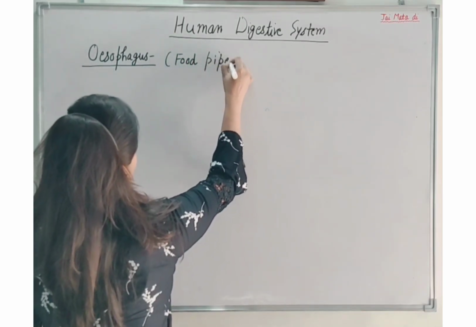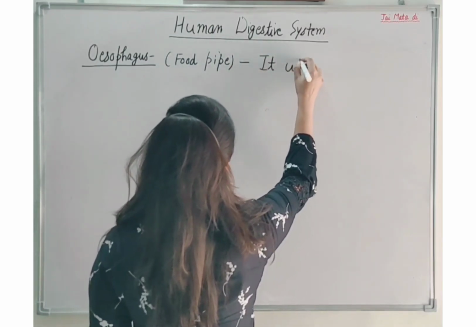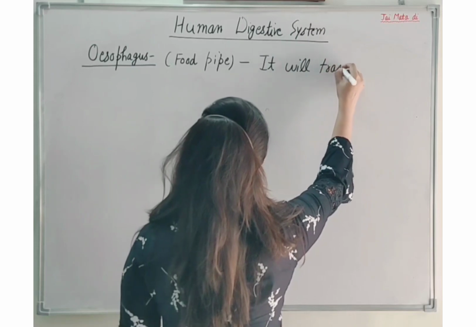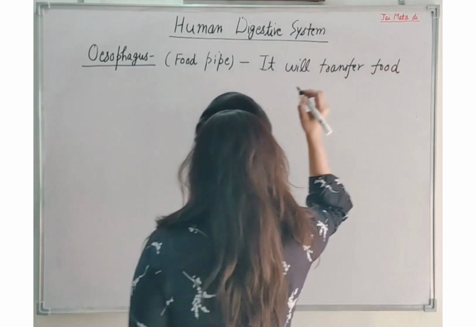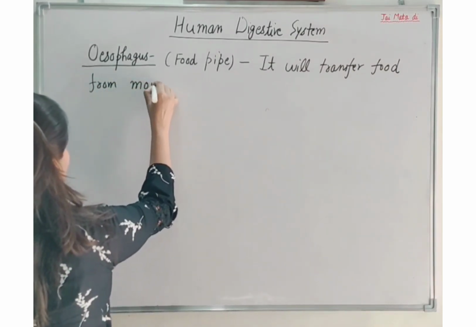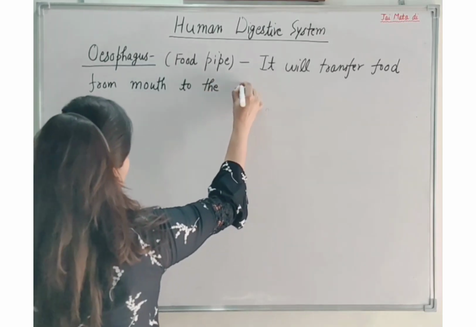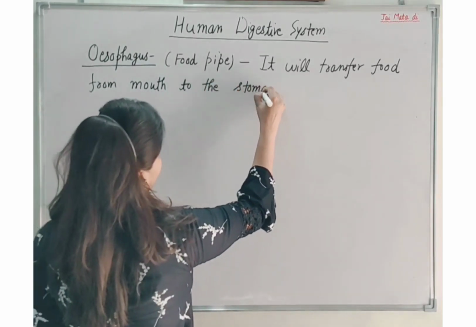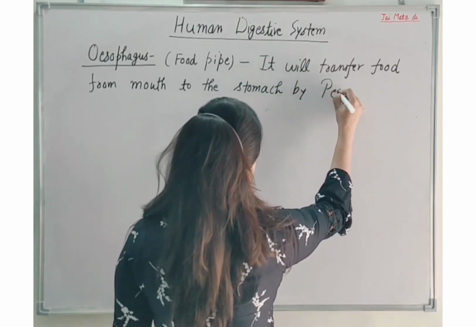So the function of this oesophagus is to transfer food from the mouth to the stomach by peristaltic movement.